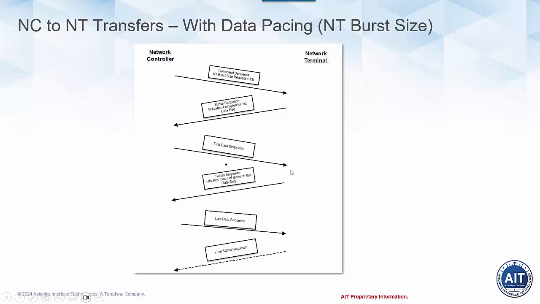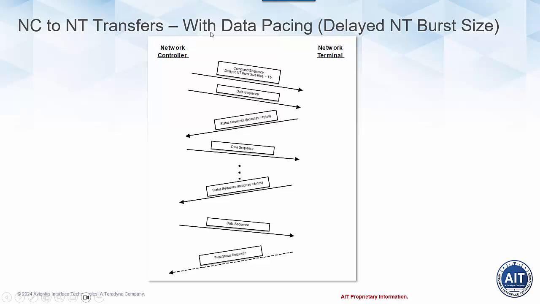So then it would send those, and then the network terminal would respond again with a status sequence with the burst size acknowledgement bit set again, and also with the number of data bytes that it's ready to receive, and on and on until all the data is received, and then a final status sequence is sent. So this is how you can do data pacing with the NT burst size request, the burst size acknowledgement, and the number of bytes that the NT is ready to receive indicated in each status message as the chunks of data are sent.